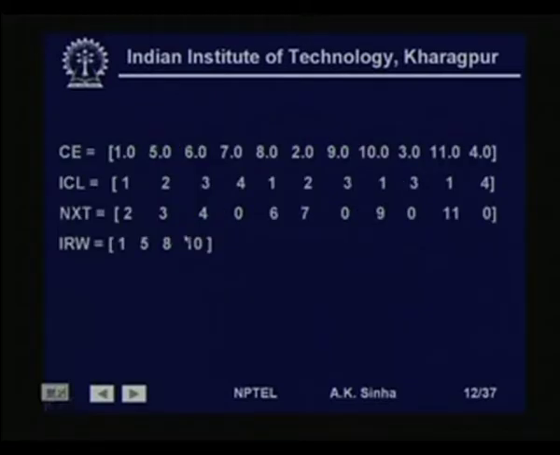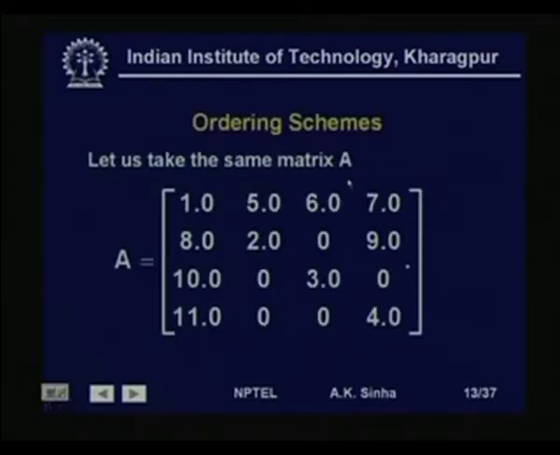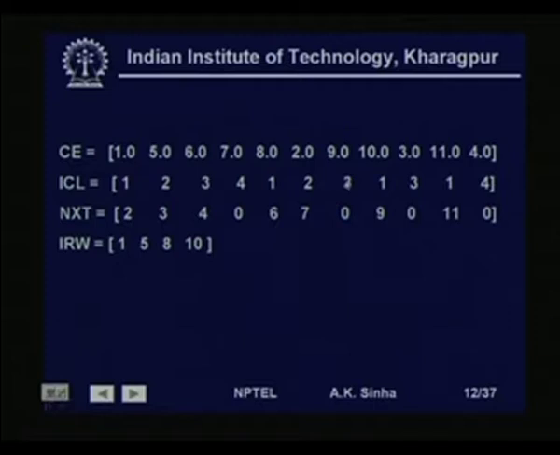Then the sixth element is 2, which is in column number 2. The seventh element is 9, which is in column number 4. I am sorry, this should be 4, in column number 4.